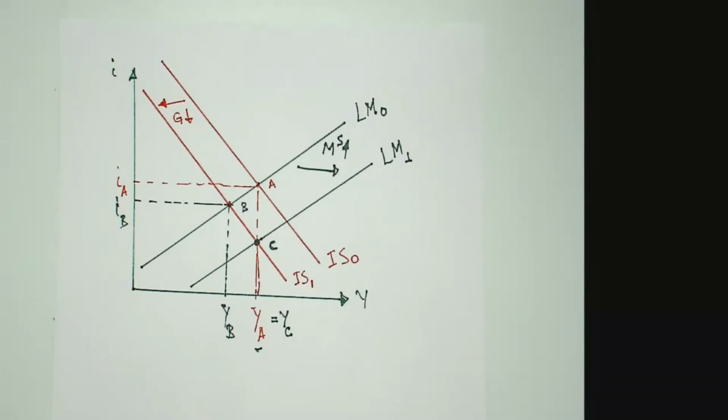In this diagram, first there is a contractionary fiscal policy action undertaken by the government. The government reduced government expenditure, so IS shifted from IS0 to IS1. When IS shifted, our income level decreased from YA to YB, and the interest rate decreased from IA to IB.